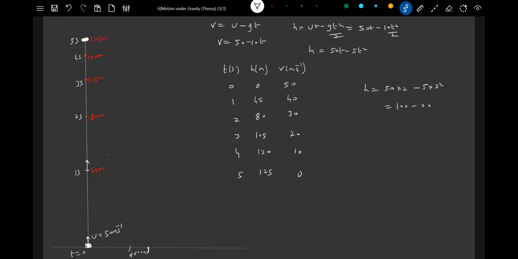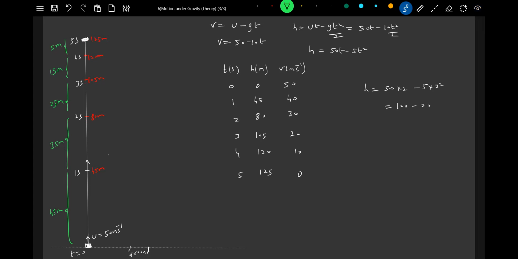So what is the height it will ascend? Let's see that. First, it will cover how much in the first 1 second? It will cover 45 meters. Next, it will cover 35 meters, 25 meters, 15 meters, 5 meters. You look at this. This is what happens in retarding motion.